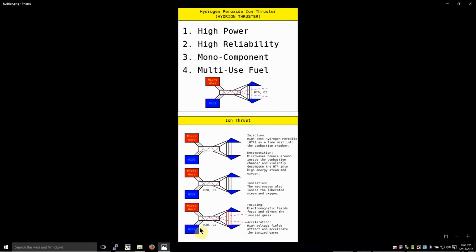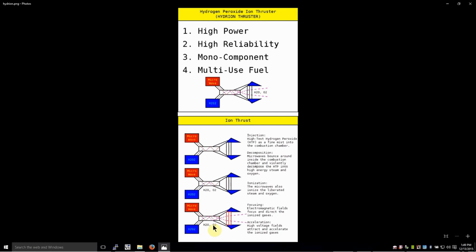To make it a higher energy thruster, all you need to do at that point is add high voltage plates that attract and accelerate the ionized gases. So you're using ion acceleration as well as the thrust created from the violent rapid decomposition of high-test peroxide.